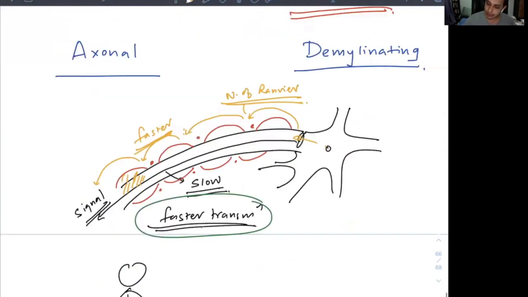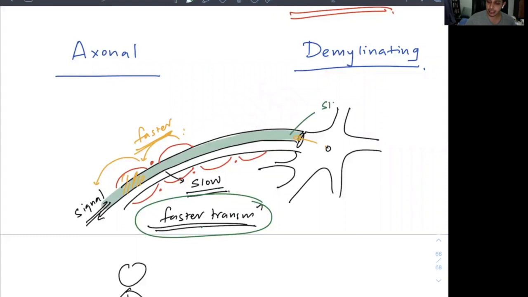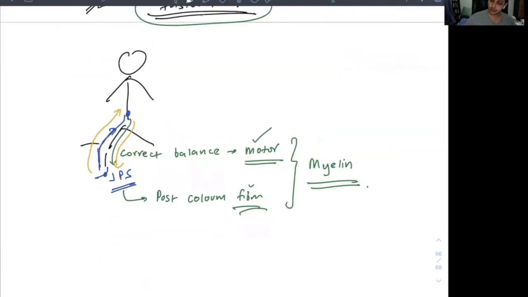Now what happens if for some reason your myelin sheath is damaged? Now only your myelin sheath is damaged, your axon is still fine. This is your axon, and your axon is still fine, but only your myelin sheath is damaged. So then what will happen? Will the transmission stop? No. So transmission is still there, but it'll be slow. What will stop? These two actions will be harmed.